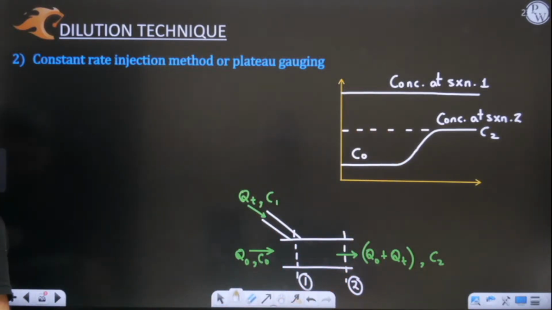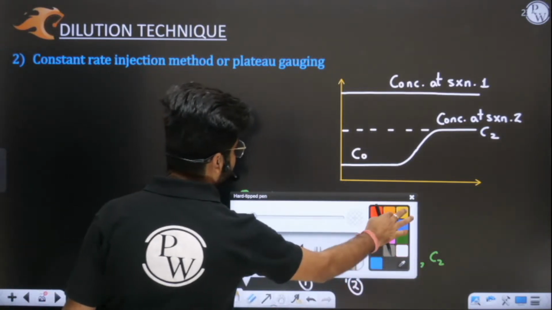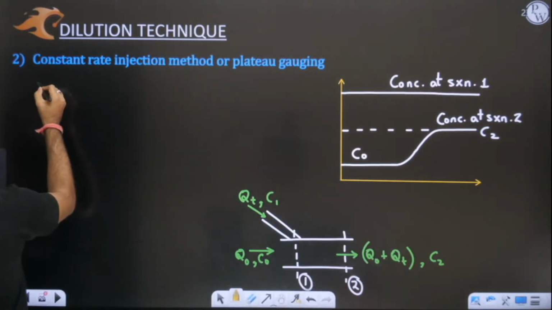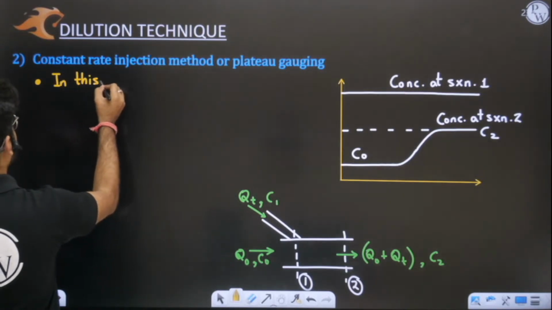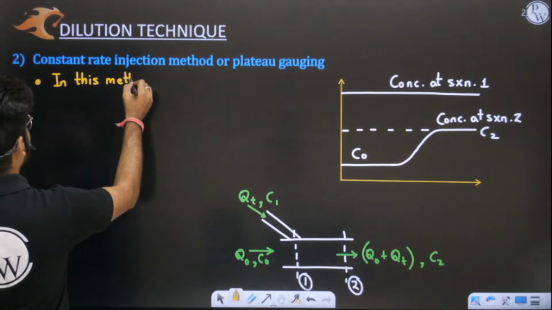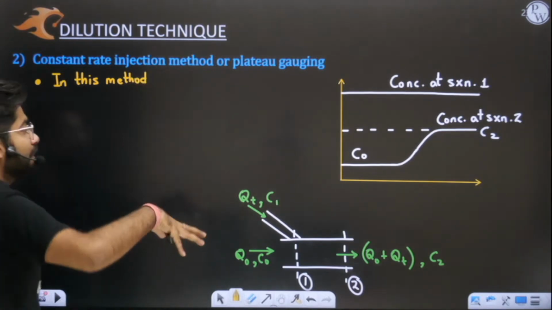So in this method, what is the difference from the last method? In the last method we injected the chemical suddenly, in a gulp manner.